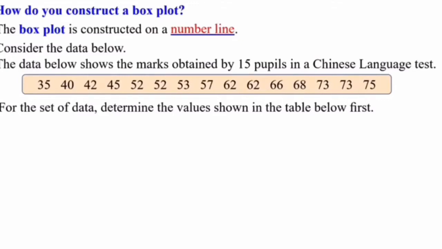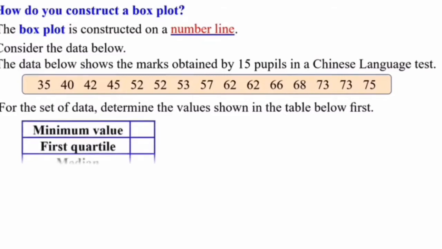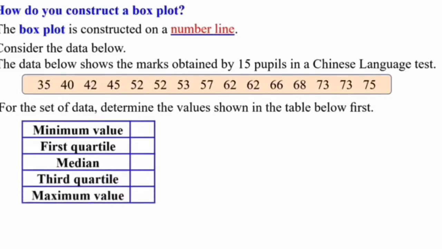For this set of data, you need to determine the values below. We label the values in the table. The minimum value is the lowest value, which is 35. The lowest mark is 35.